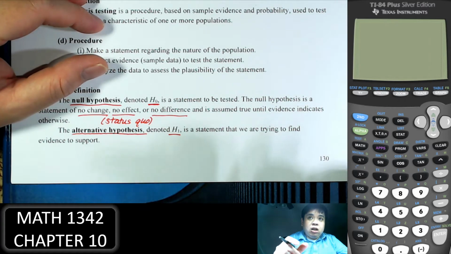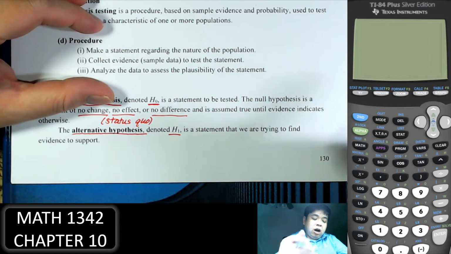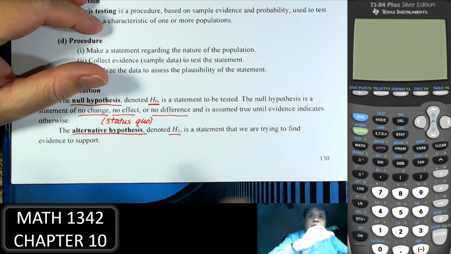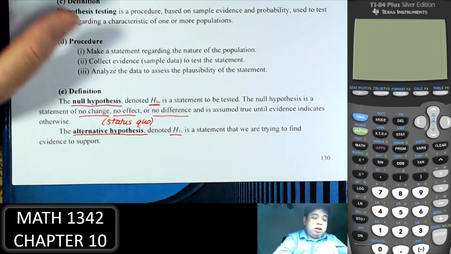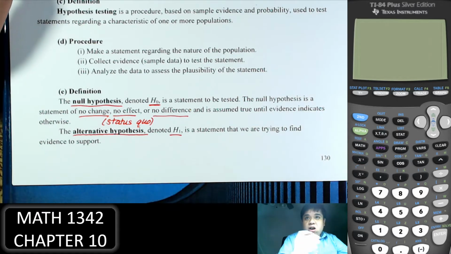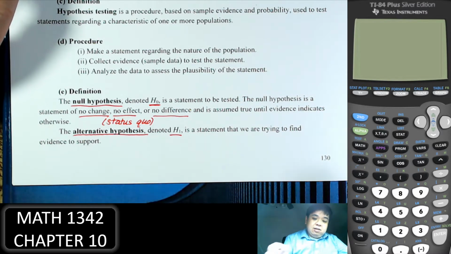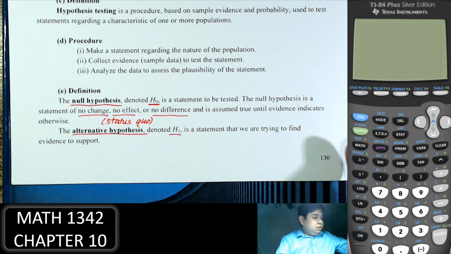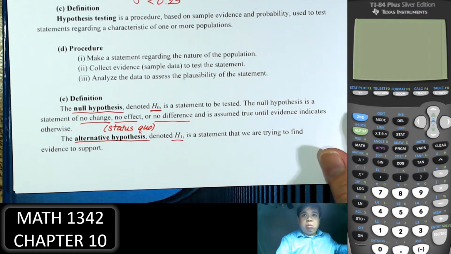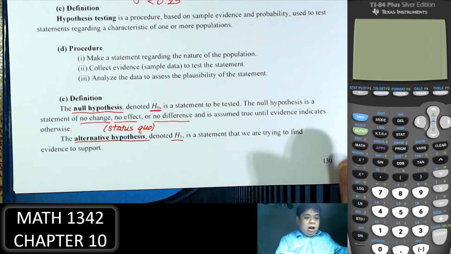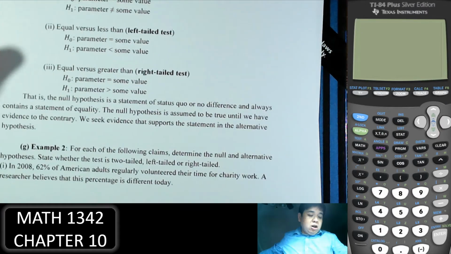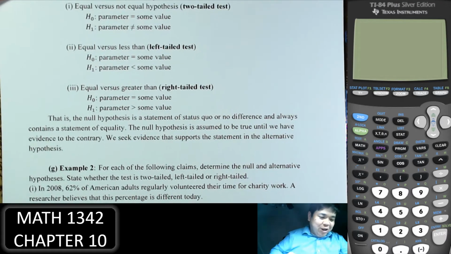That is the burden of the prosecutor. The prosecutor tries to find the evidence to support that the person is guilty. If the evidence is not enough, then the person remains innocent. The burden of proof is on the prosecutor to show that the person is guilty. We'll get back to that in a minute.